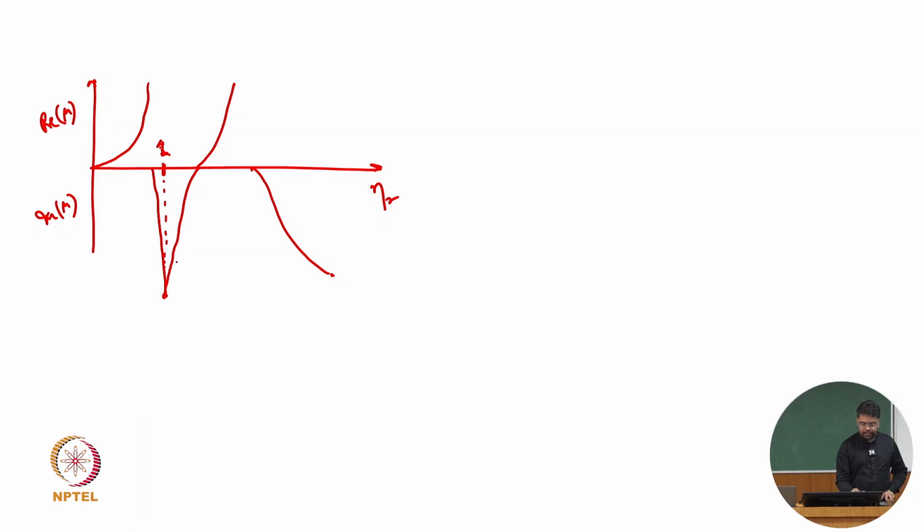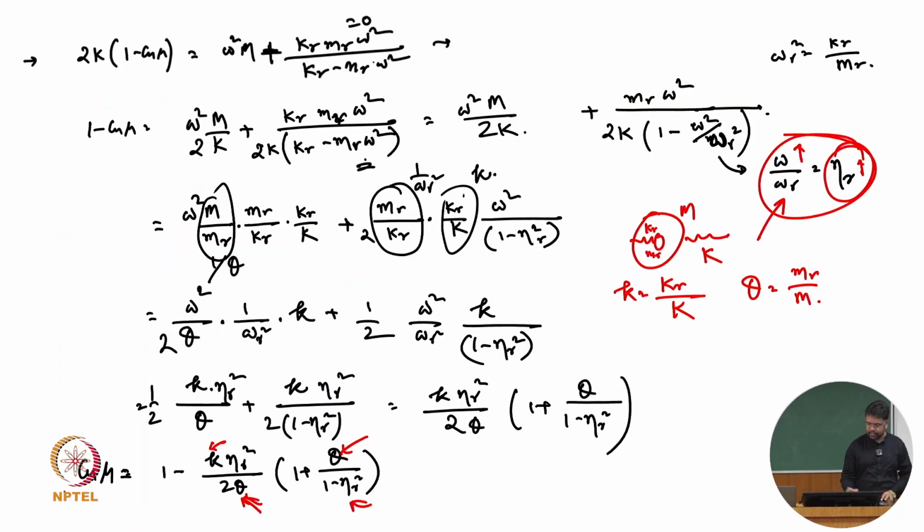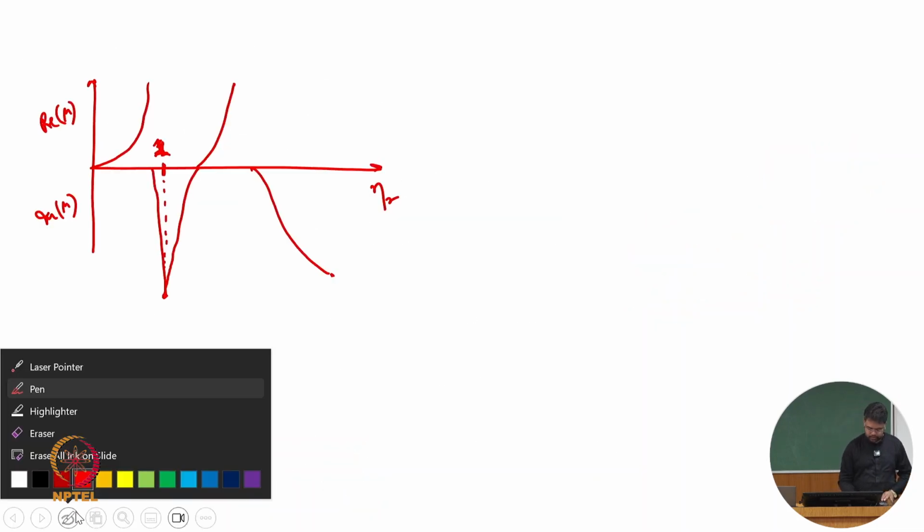So what does that drop at 1 actually show? Whatever vibration is coming at that frequency, the internal mass present here, or maybe if I just draw it again, that internal mass is actually in resonance with the external frequency.